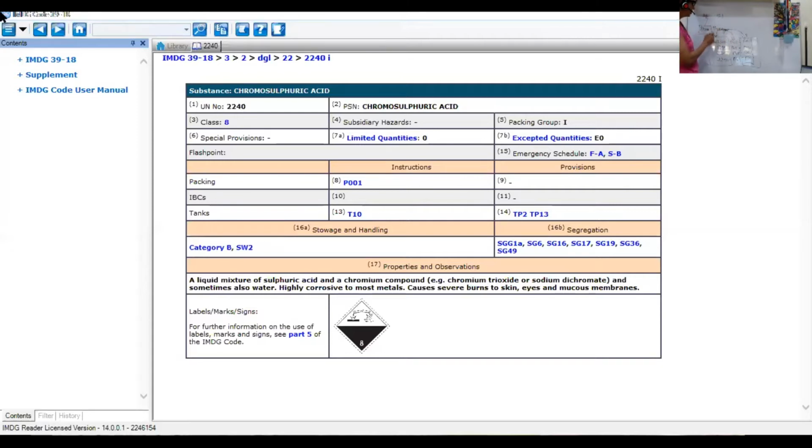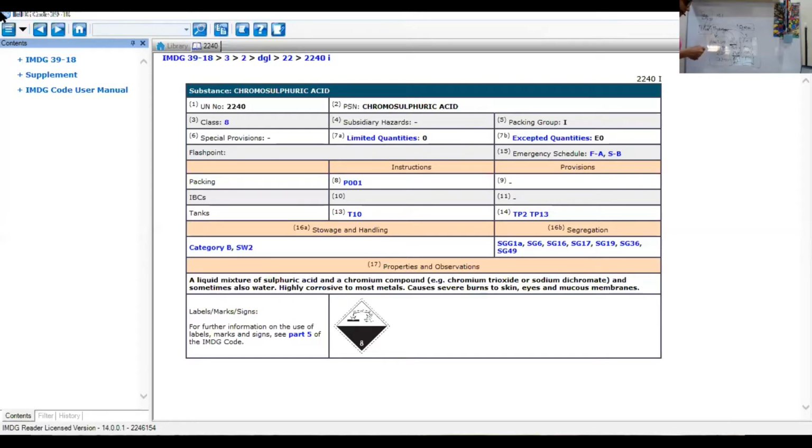tested. So as a manufacturer, I will communicate to the drum manufacturer that when they send the drums for testing to Sirim, please indicate to Sirim that the drums have to be tested for PG3, PG2, and PG1, because I want to use them for either PG, because these 4 UN number products have multiple packing groups.